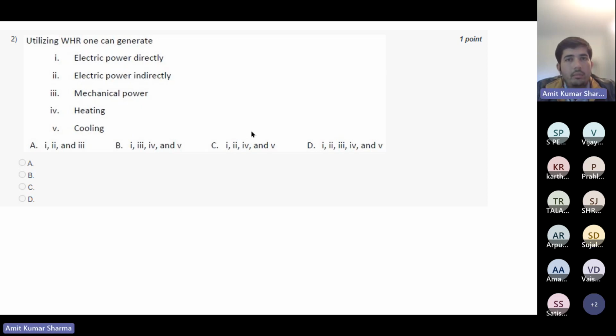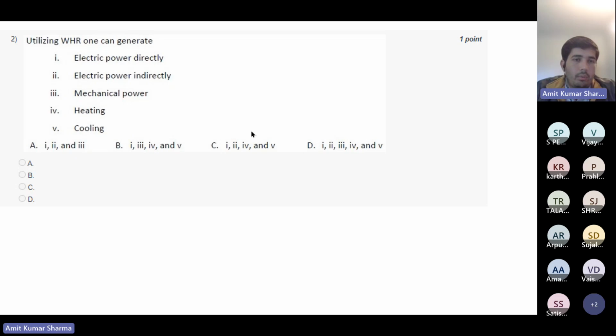And since we are using heat, we can use heat to drive the turbine, so mechanical power, and we can drive the turbine to the electric generator so that electrical power is also generated, and we can use the waste heat directly for heating purposes. Yeah, right.